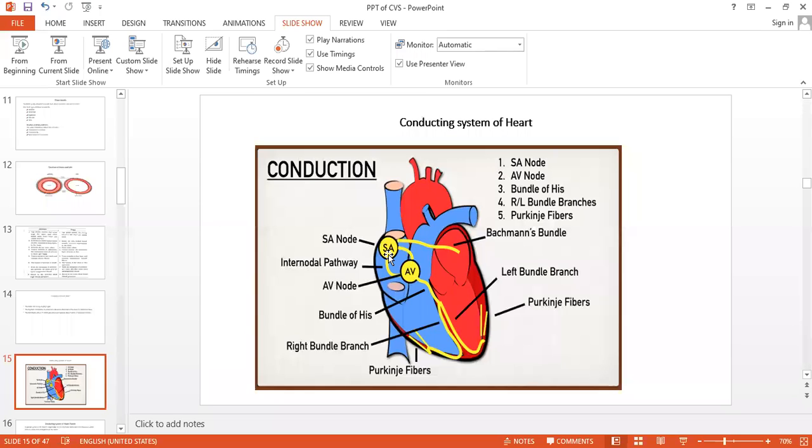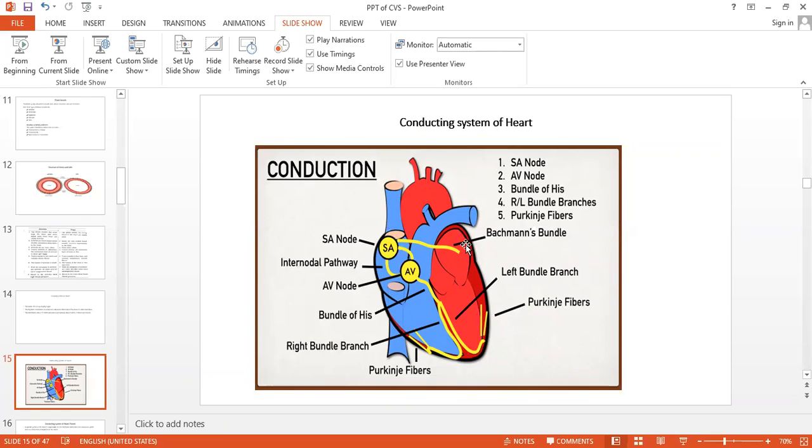When the impulse is generated through this SA node, the impulse is conducted to both the auricles. So both the auricles get contracted. When they contract, the contents are emptied into the respective ventricles.